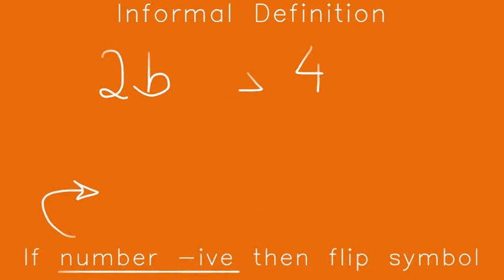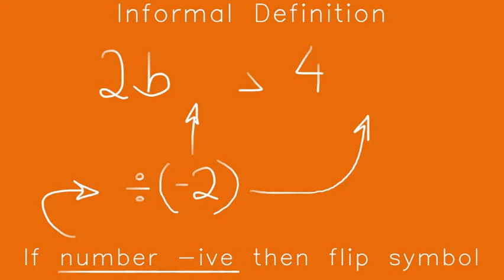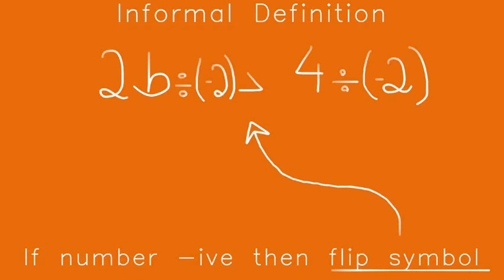When you are dealing with negative numbers, the only extra thing you have to do is flip the symbol. Let's say you divide the entire equation by -2. The extra thing that you have to do is change that symbol.